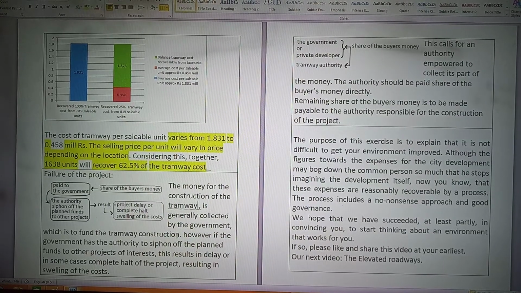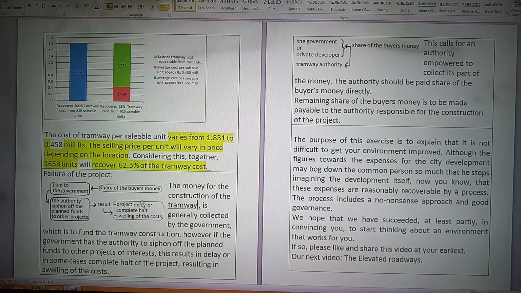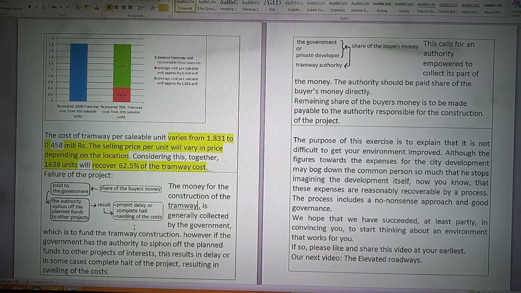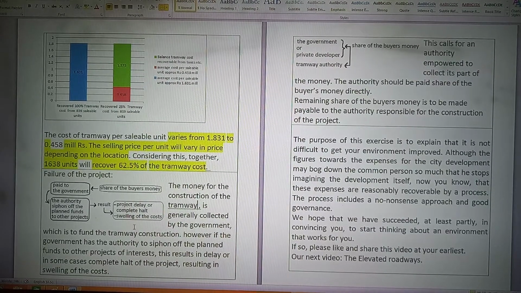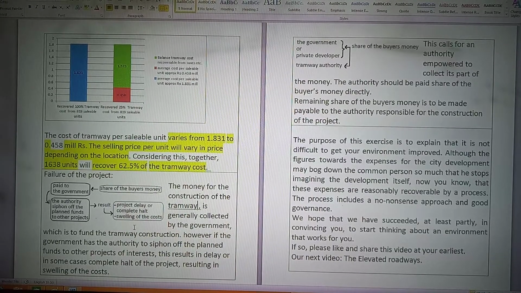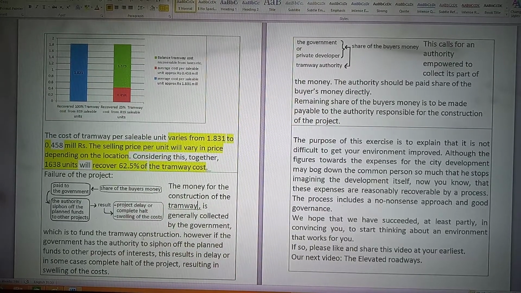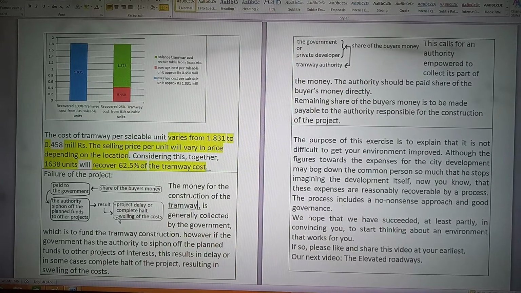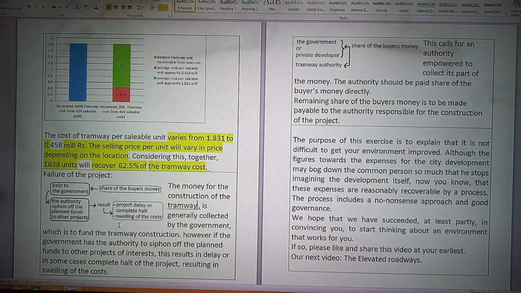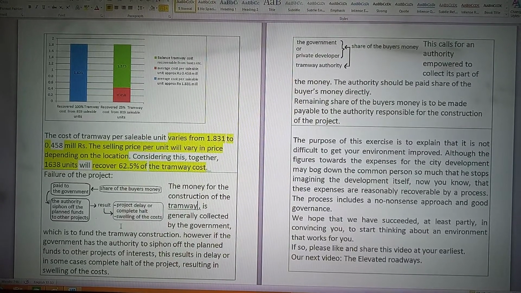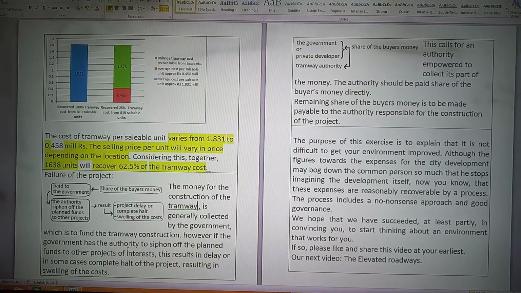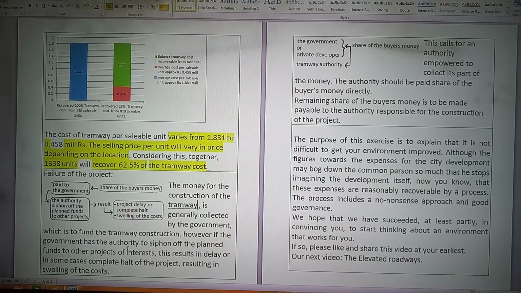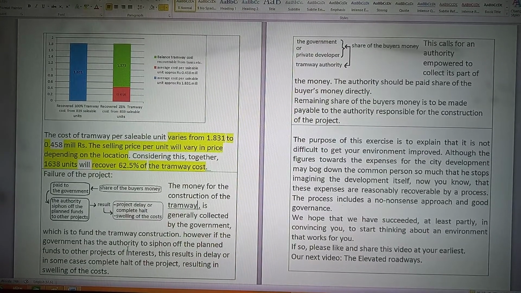As a result, the project gets delayed or comes to a complete halt, and then the process of tendering and recosting begins, and it might result in swelling of the cost and probably abandoning or delaying the project.